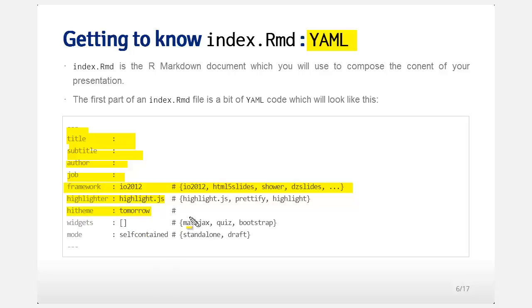The widgets talks about some things: MathJax is for mathematical equation rendering. Quiz is for these kind of automated quiz things. Bootstrap is the Twitter Bootstrap style, which is a CSS style that I guess Twitter created.